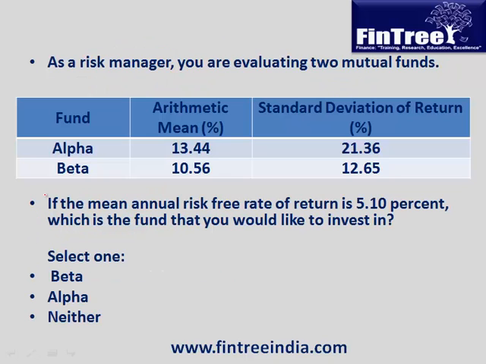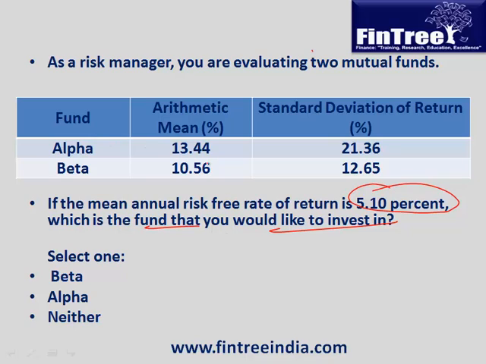Next question. As a risk manager, you are evaluating two mutual funds, alpha and beta, with their mean and standard deviation. If the mean annual risk-free rate of return is 5.1%, which fund would you like to invest in? These kinds of investment decisions would be taken based on the Sharpe ratio, because the Sharpe ratio also factors in the risk-free rate of return.